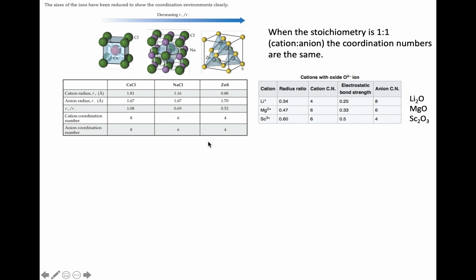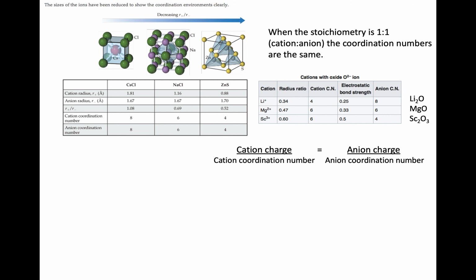Now, what if they're not? So here I show data for examples where in our empirical formula it's not 1-to-1. Lithium oxide, magnesium oxide. Notice how the coordination numbers now change. One way that we can make sense of this, one pattern that we're going to see, is if we look at a relationship between the charge of the cation and its coordination number, that ratio matches the charge of the anion and its coordination number.